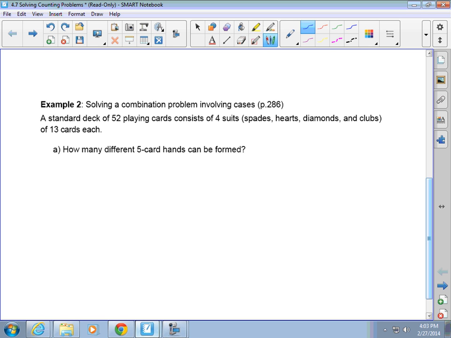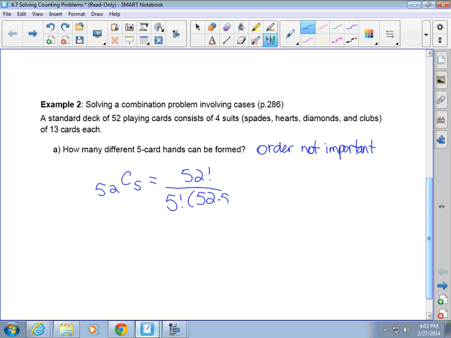So this is order not important. So that means we have 52 cards that we're choosing 5 from. So that's 52 factorial over 5 factorial times 52 minus 5 factorial.